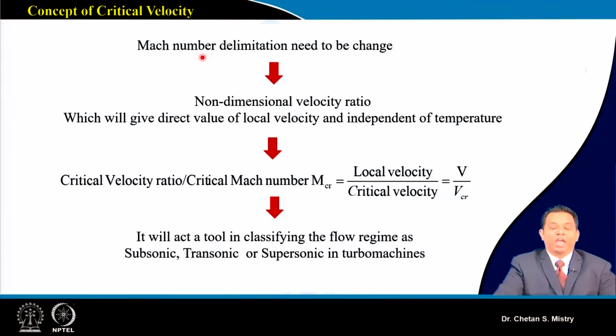To address this, we introduce a new parameter called non-dimensional velocity ratio, which needs to be independent of the local temperature. So let me introduce a new parameter that we call critical velocity ratio or critical Mach number. This critical Mach number is defined as the local velocity divided by the critical velocity.